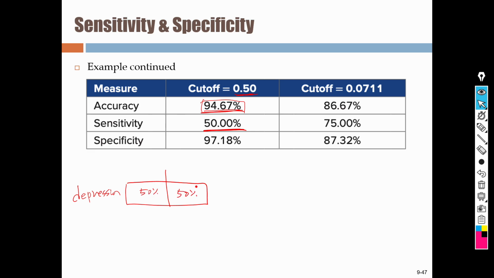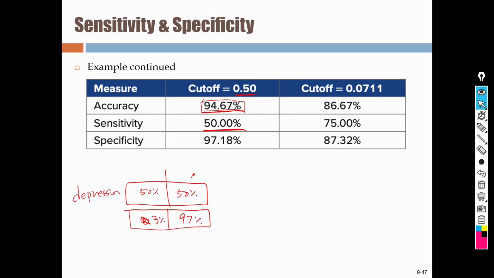So if you take a look at only the students who actually have a depression, we only find half of them, and half of them will just be released. However, the specificity is 97% because the rest is like 3%.